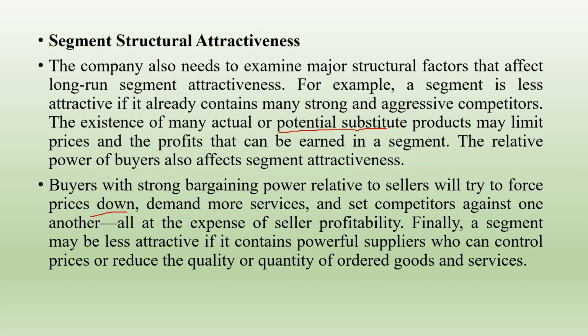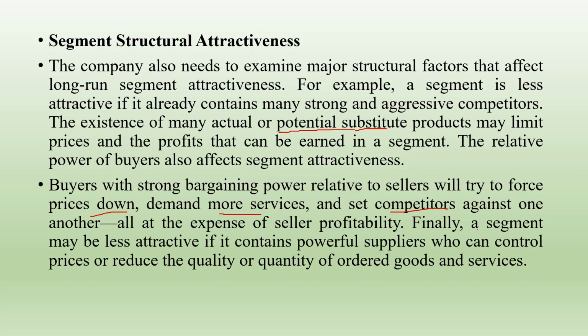They may also demand more service, and their bargaining power and setting competitors against one another are also important. Then see the supplier's power: the supplier can control the price or reduce the quality or quantity of the ordered goods. The supplier also has power to reduce the quantity or quality of the product.